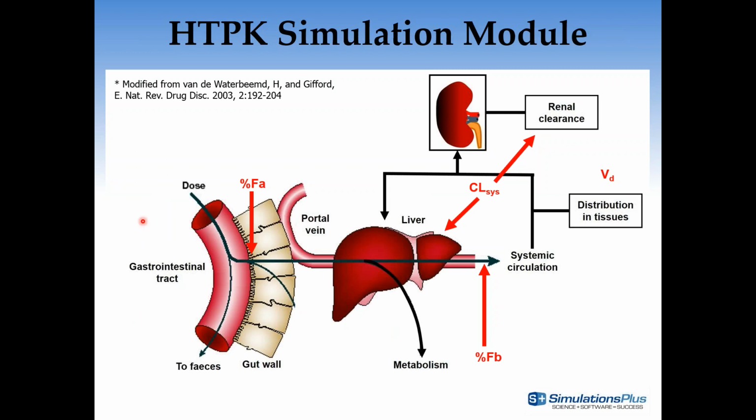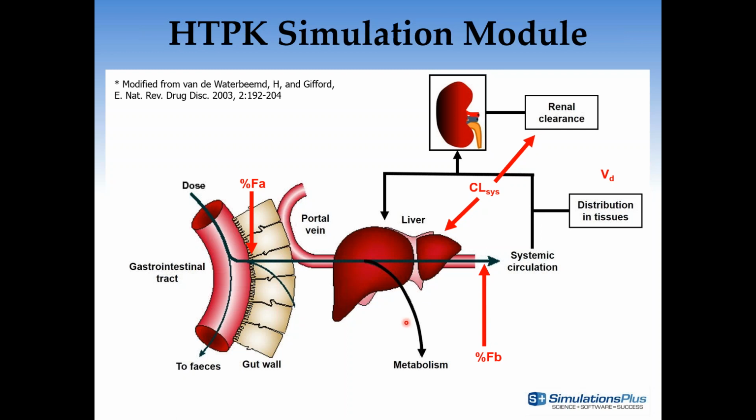Just a brief look at what is happening in vivo here. We are simulating the absorption of compounds that are delivered orally, compounds that are able to permeate from the intestine into the enterocytes. That is how we define fraction absorbed.